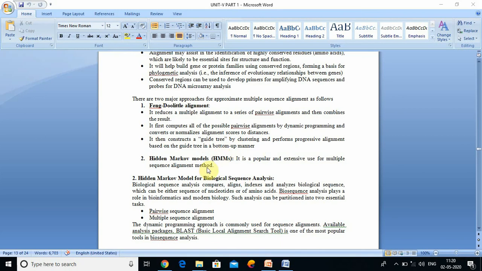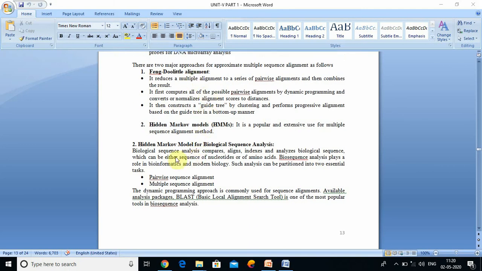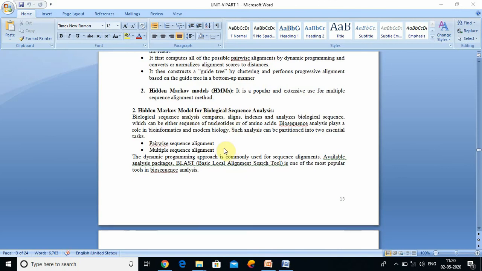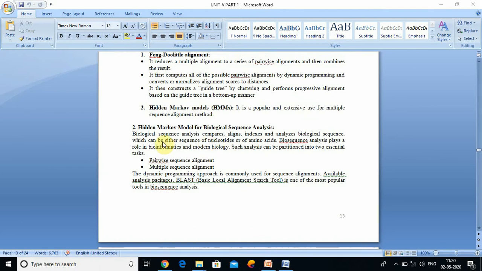Next, hidden Markov models, HMM. These two are the major approaches for approximate multiple sequence alignment. Hidden Markov models are used for biological sequence analysis, which compares, aligns, indexes and analyzes biological sequences, which can be either sequences of nucleotides or of amino acids. Biosequence analysis plays a role in bioinformatics and modern biology.